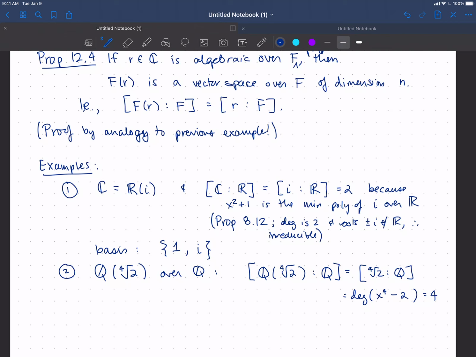Now, notice that in this case we could not have used proposition 8.12 because the degree is 4, which is too big. We can't just check to see that the roots aren't in Q here, because it's possible, even if the roots aren't in Q, that this could factor into 2 irreducible degree 2 polynomials.